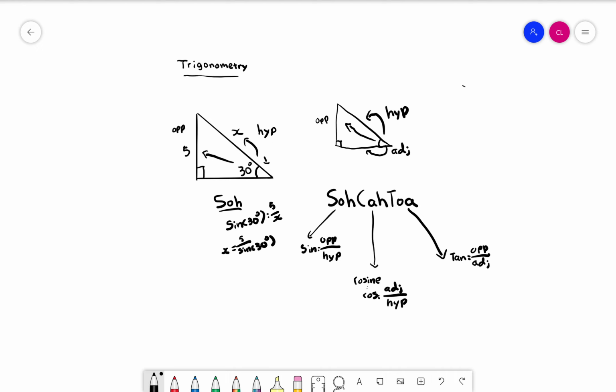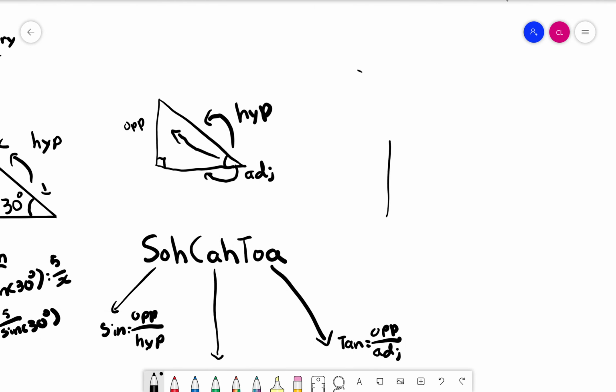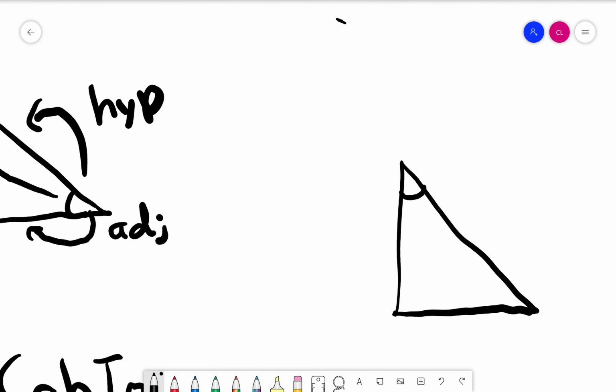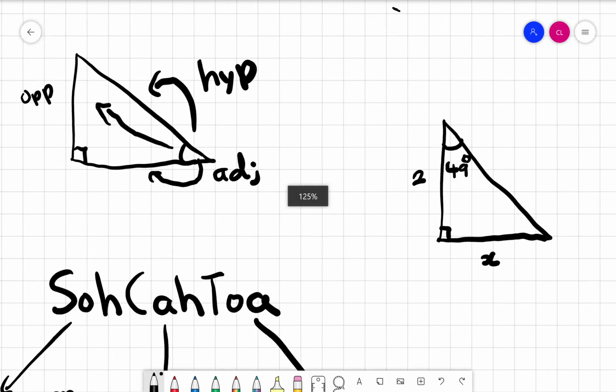Anyways, let's say you get a slightly different problem. Let's say you have this angle here, and the angle is 49, and you're given x here and 2 here. How would you be able to find x?